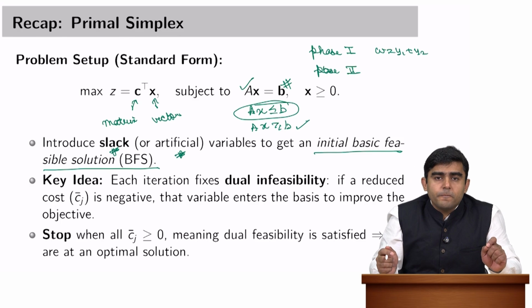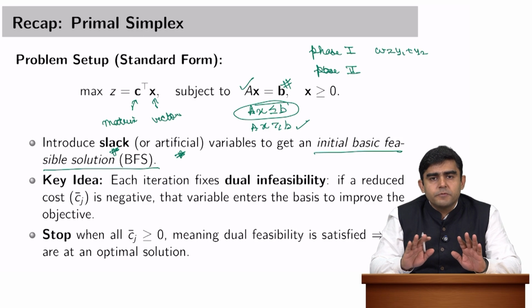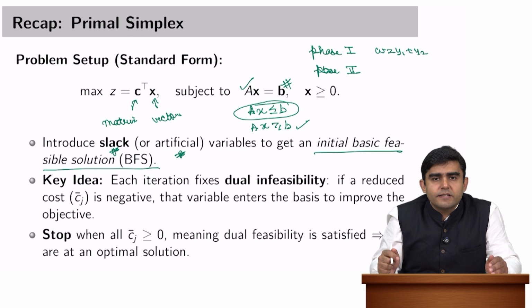Now, in case of primal problems, we were talking about feasibility in two terms. That is, all the variables, including slack variables, should be greater than equal to 0, and all the constraints should be satisfied. Note that in primal formulation, the objective function has no say in whether your solution is feasible or not.